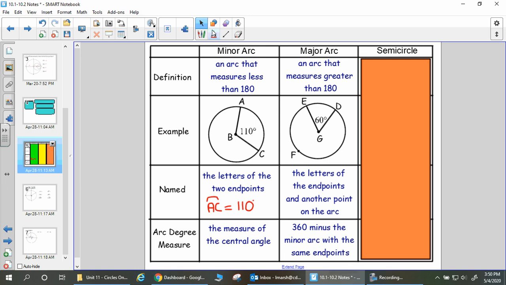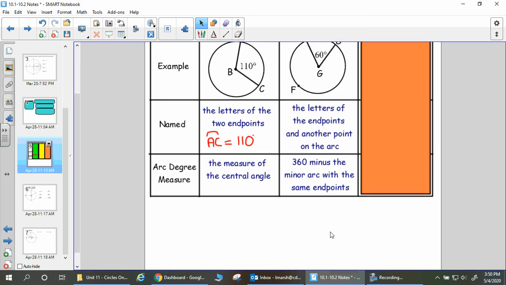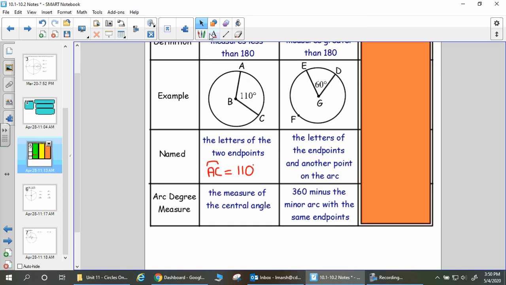So if I were to name this, in this case, we're going to want EFD, like I said, we're going to need all three letters. Using 2 or 3 letters is also a good way so that even when you just look at the name of something, you know its size.